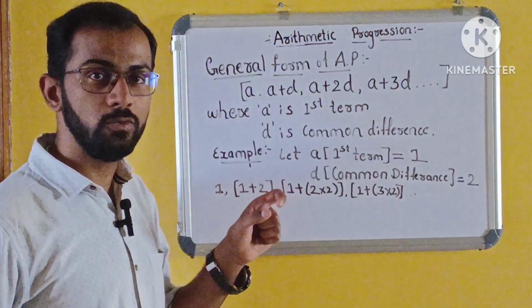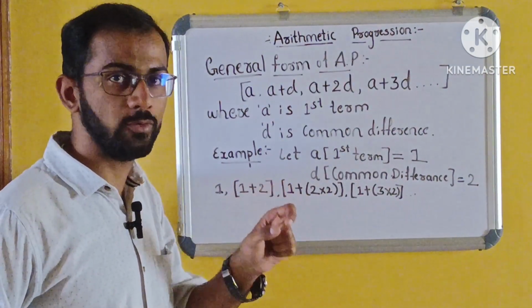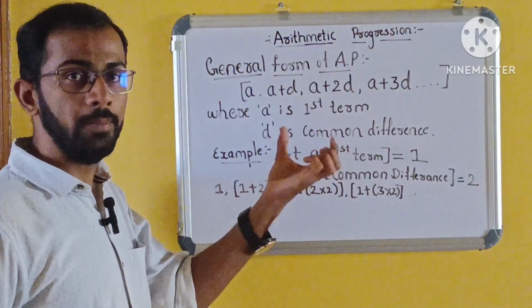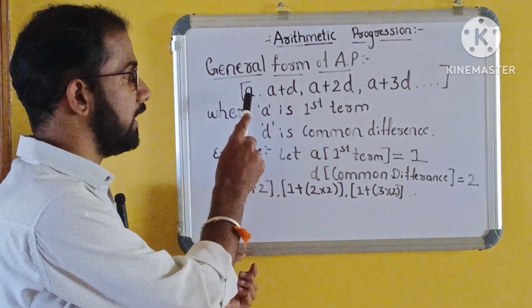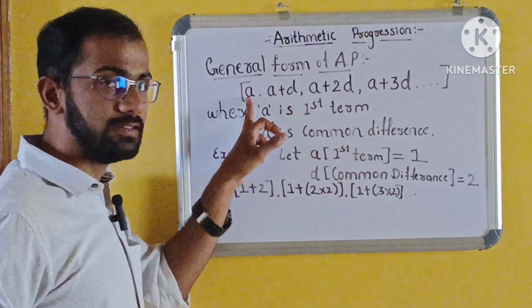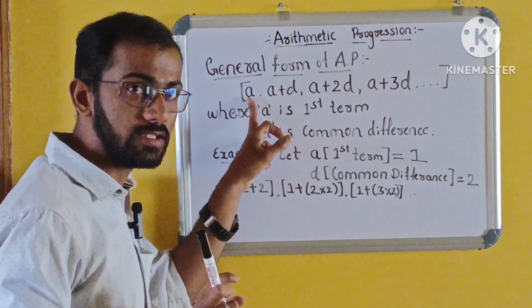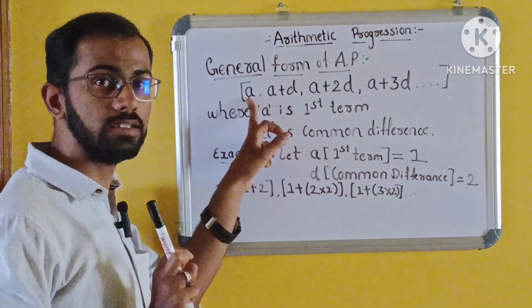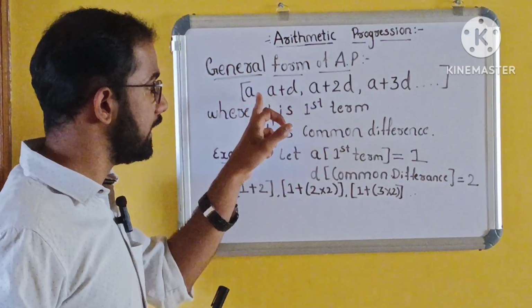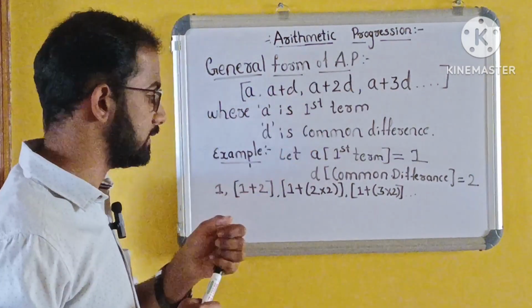Now let's see how we can write an arithmetic progression in general form. Here, if we take a as the first term of an arithmetic progression or an arithmetic sequence, then d is the common difference.